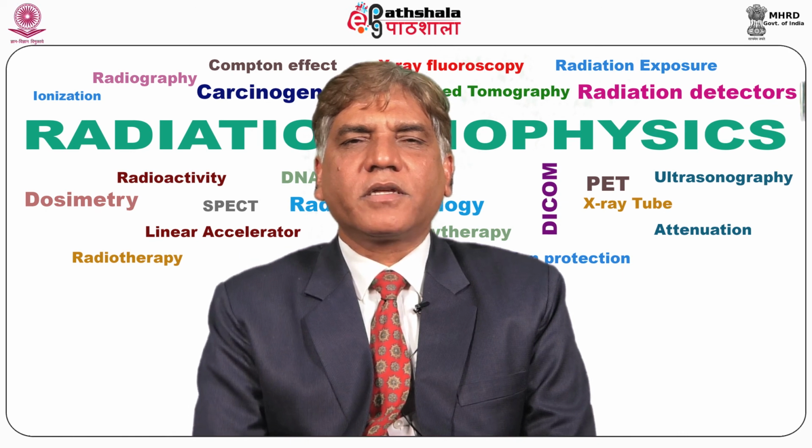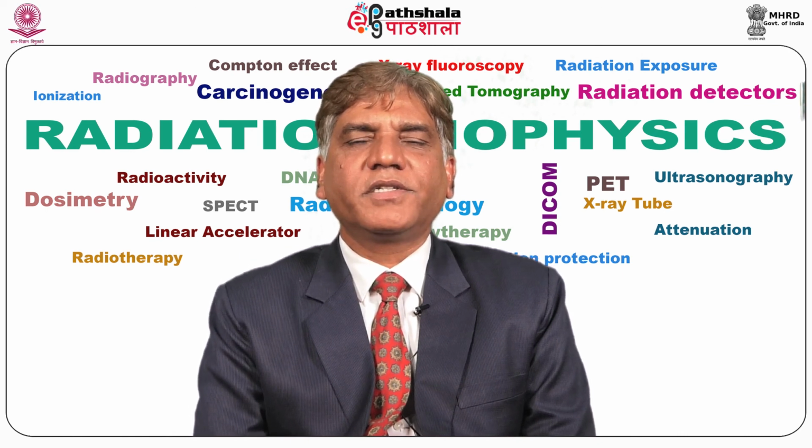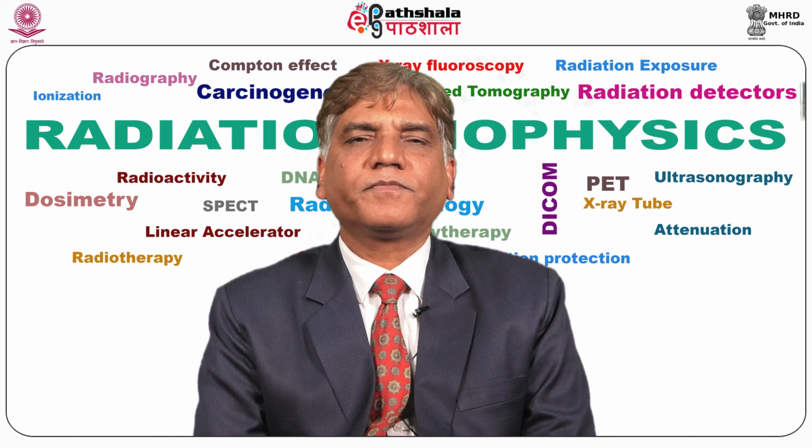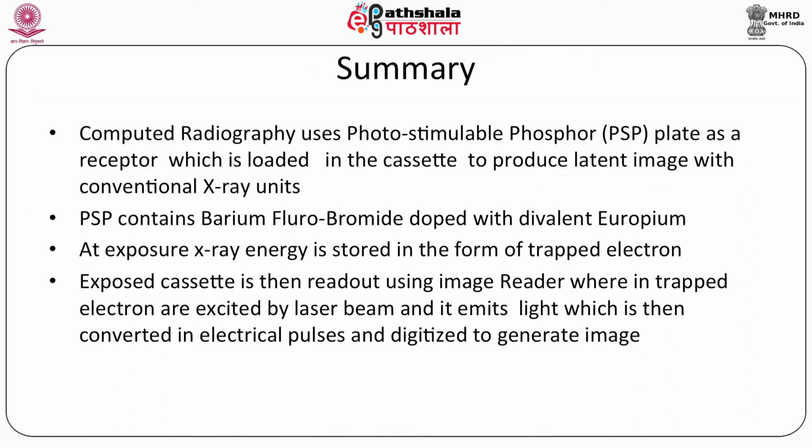So, with this I summarize digital radiography. Digital radiography is the presentation of digital images. This is entirely different from conventional film screen images. Here the images are displayed in the form of rows and columns known as a matrix.